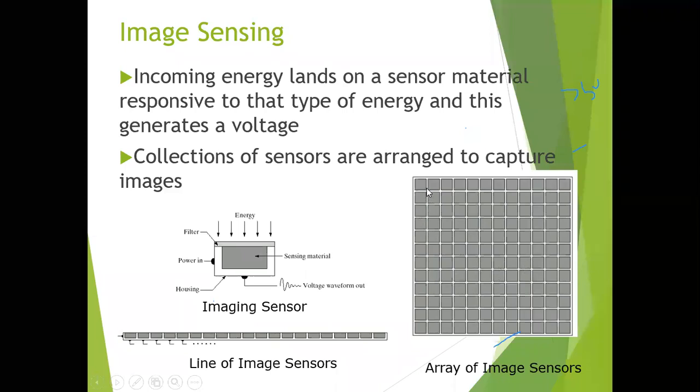Each pixel value corresponds to one detector, an image sensor, which absorbs the energy and produces some voltage. That voltage may be an analog voltage, but then you need to adjust it to a particular quantized value.